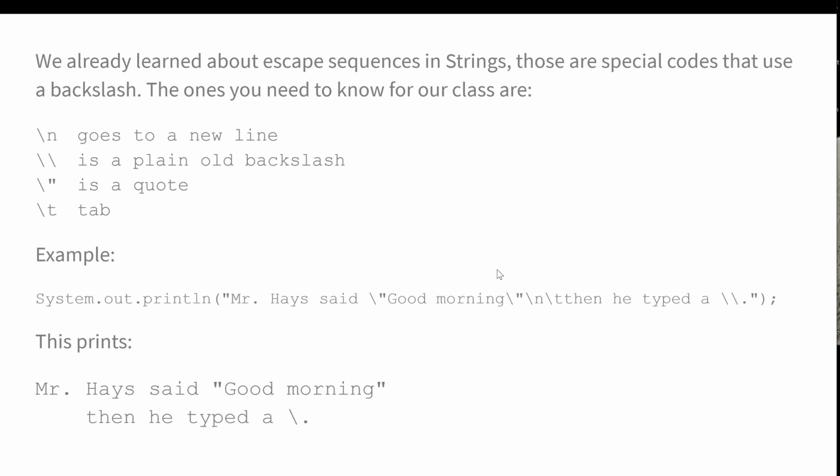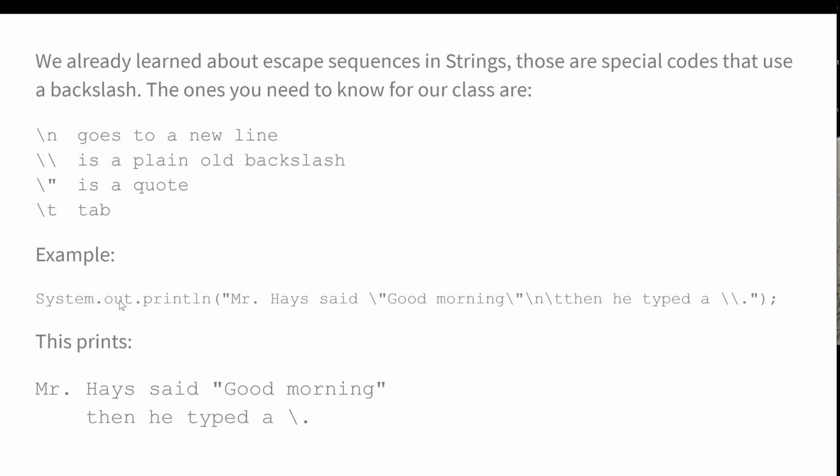We already learned also about escaped sequences in strings, and these are special codes we use that use a backslash. So the ones I need you to know for our class are backslash n goes to a new line in a string. Double backslash gives us a regular backslash. Backslash quote gives us a quote, and backslash t gives us a tab.